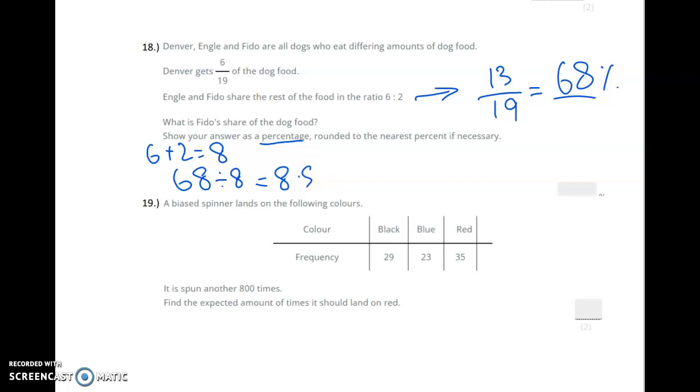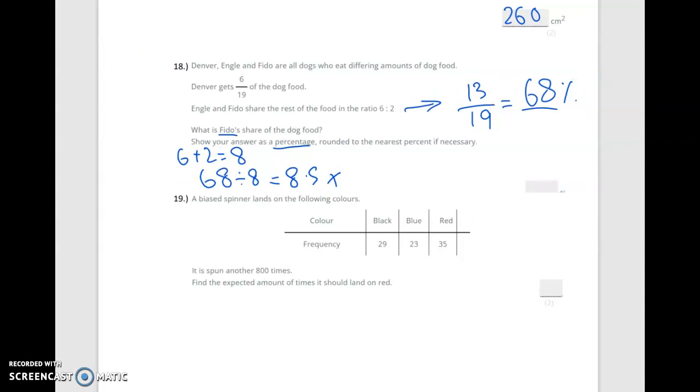And then, who did we want? We wanted Fido, so Fido is the second one, so I'll times that by 2. 8.5 times 2 gives us 17. So Fido ends up having 17% of the whole thing.